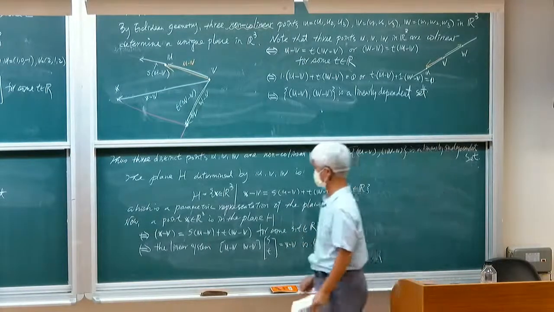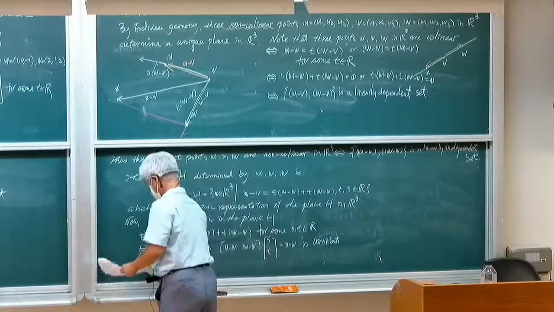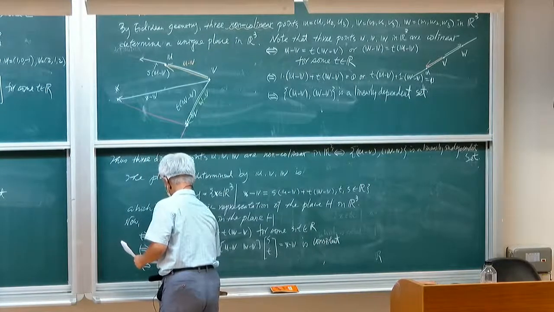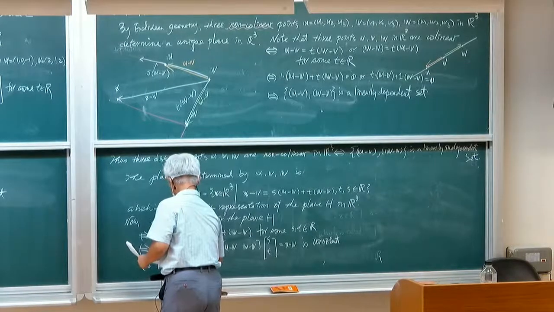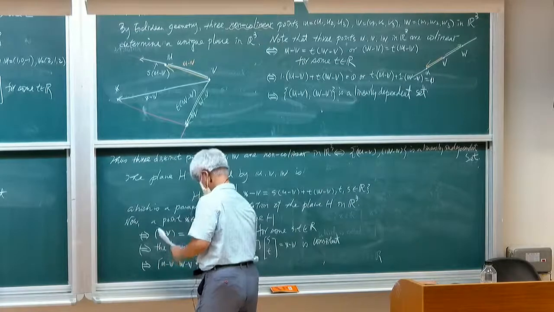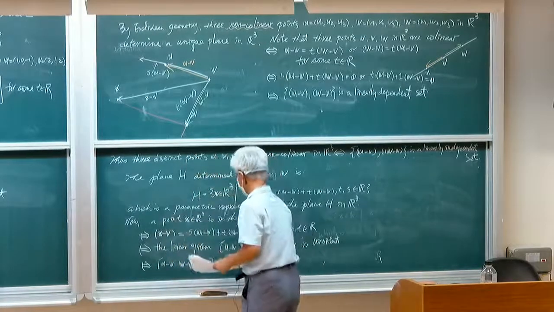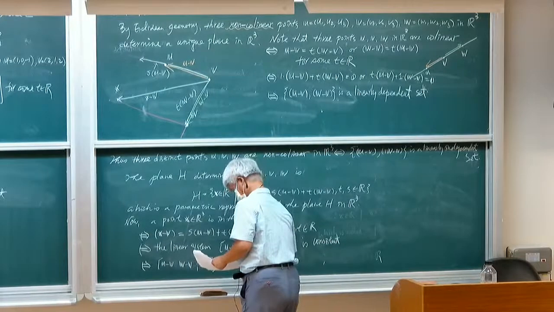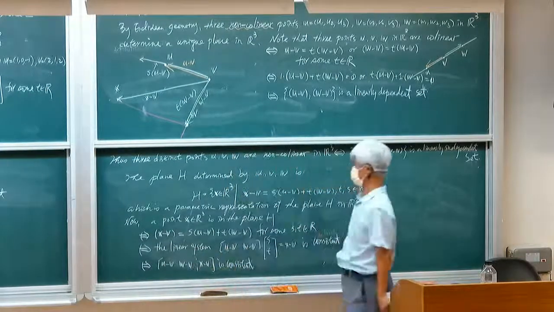That means the augmented matrix with u minus v, w minus v, and x minus v is consistent.